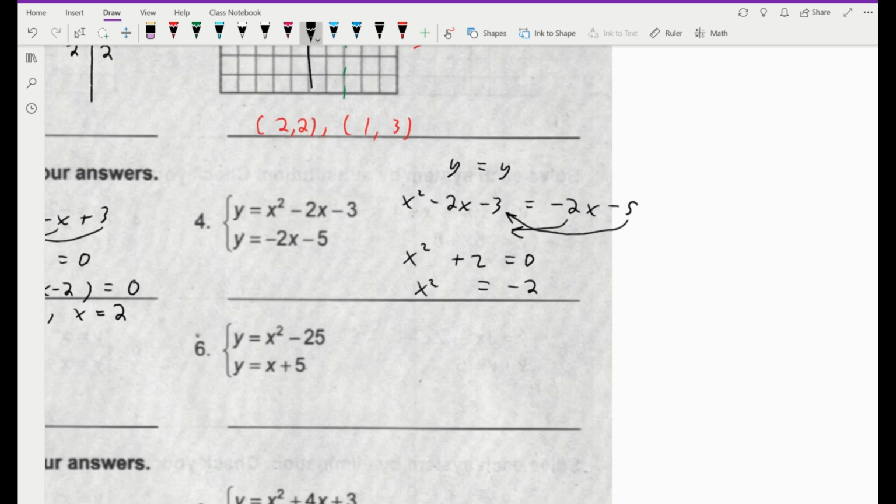We'll take the square root of both sides. Now, what's the square root of a negative? It is imaginary. So this means there is no solution. These two graphs may look something like this, where they will not intersect. So this one is a no solution.